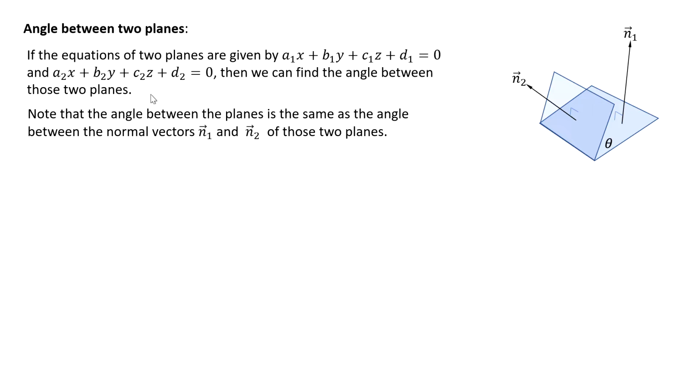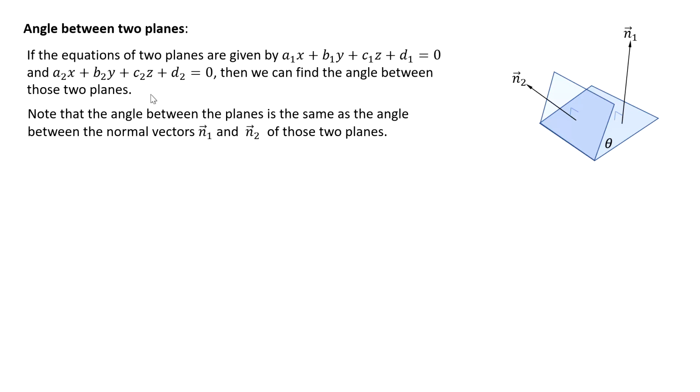However, the moment we talk about the normal vectors to those planes, finding the angle between two vectors is a piece of cake. Why? Well, you remember that the dot product of vector a and vector b is nothing but magnitude of a times magnitude of b times cosine theta.